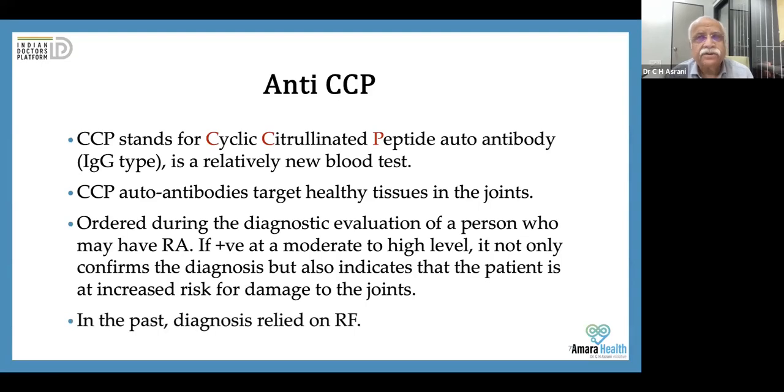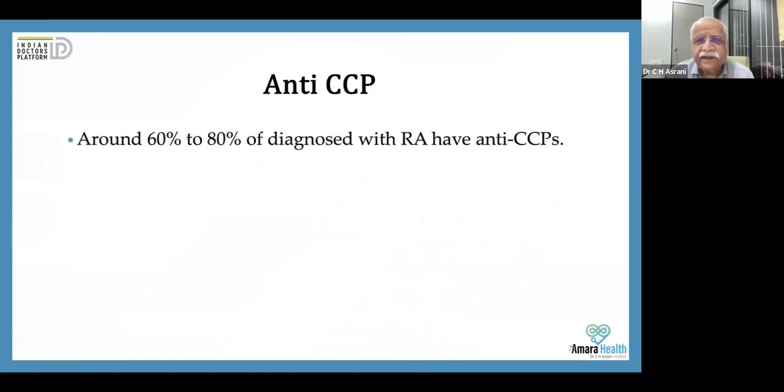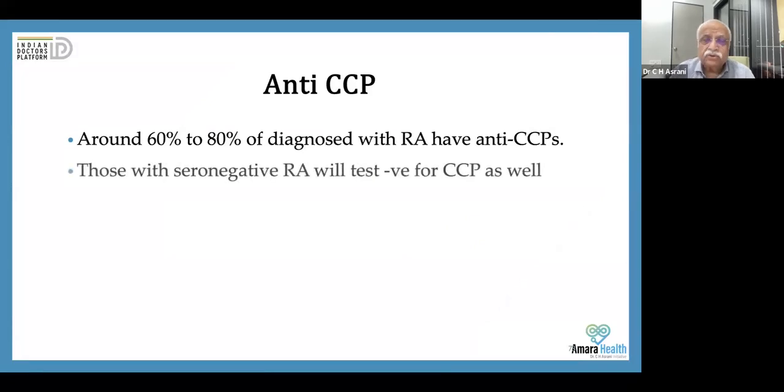In the past, diagnosis relied totally on rheumatoid factor. But does it solve all the problem? No. Around 60 to 80% of people diagnosed with RA have anti-CCP positive. Those with seronegative RA will also be testing negative for CCP. So negative CCP does not mean it's not RA.